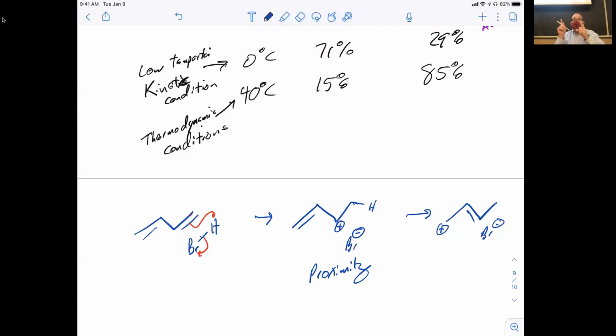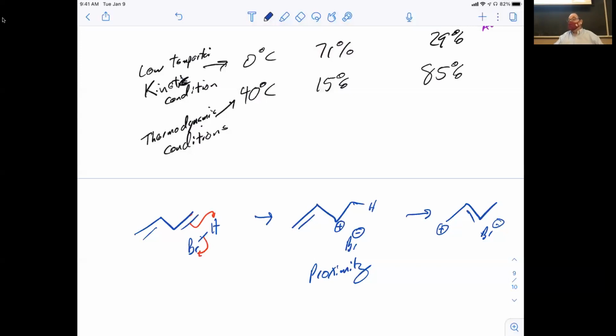Remember what I said? The thermodynamic is not always the 1,4. It could be the 1,2. But in the kinetics, because it's based on proximity, what is going to be the kinetic product? In this reaction, not all reactions, in this reaction, the kinetic product is going to be the 1,2. Okay. So if you have low temperature, look for 1,2.